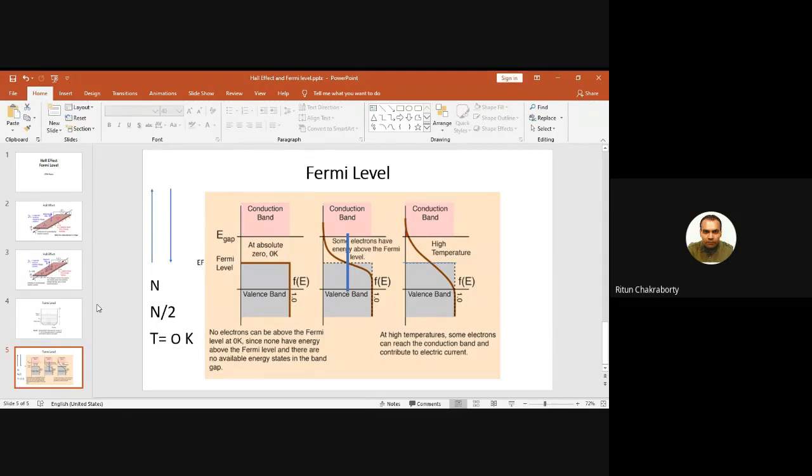Then in the next class, maybe we can discuss some topics on magnetism. In your notes, the topic was the concept of Fermi energy and Fermi level, and there we introduced the Fermi function. So you also learn a little bit about it. We will do it in the next class.